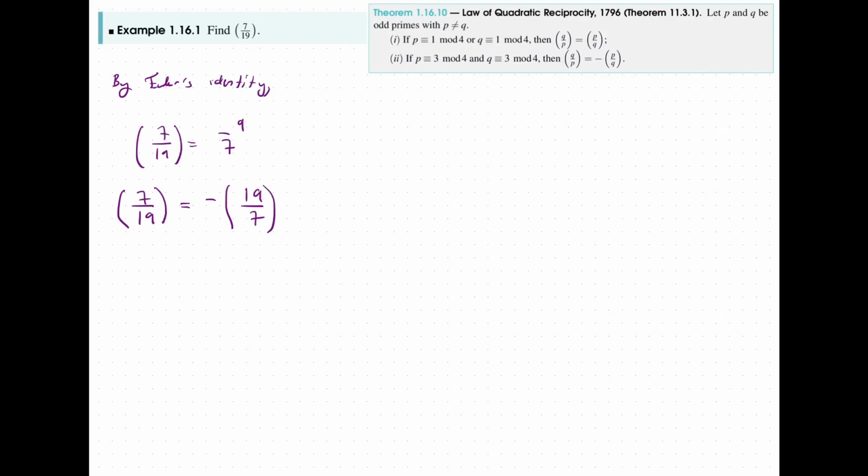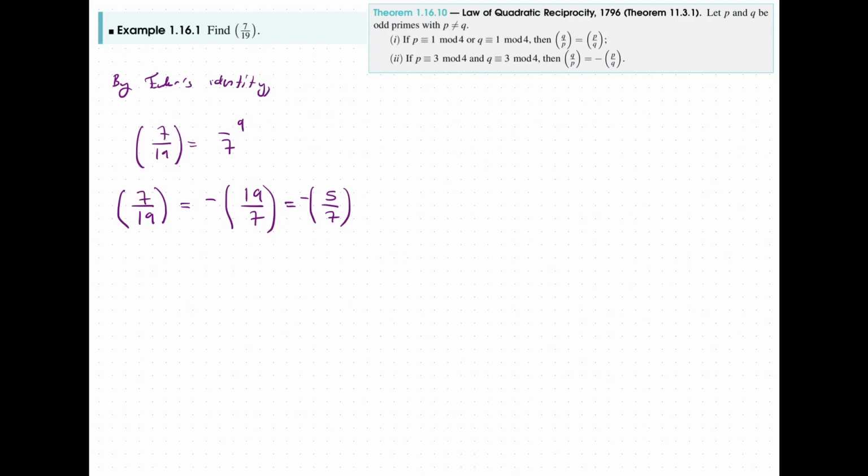But now we're working on the symbol on the top. So for the 19, we are working modulo 7 now. 19 is 14 plus 5. So we can go ahead, and this will be the same as checking whether 5 is a quadratic residue modulo 7.